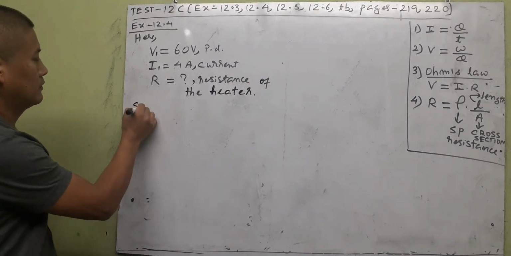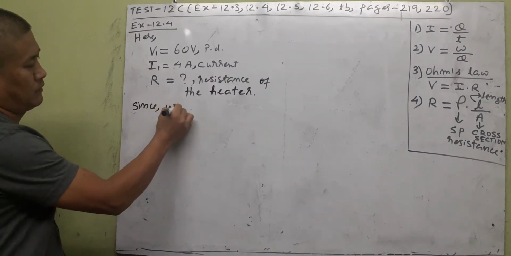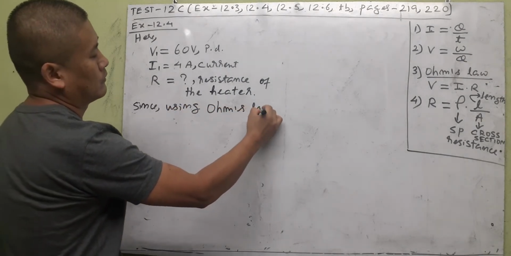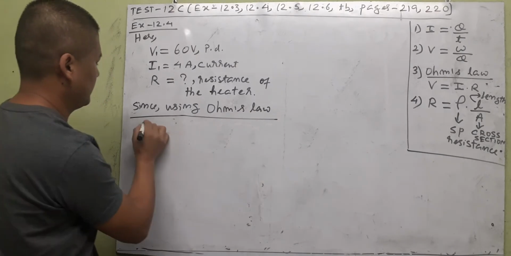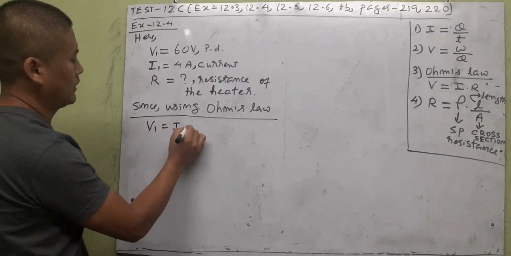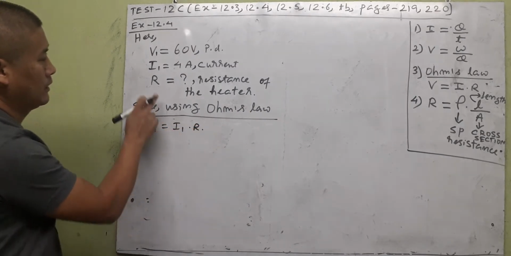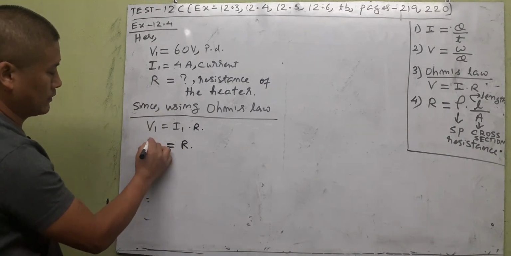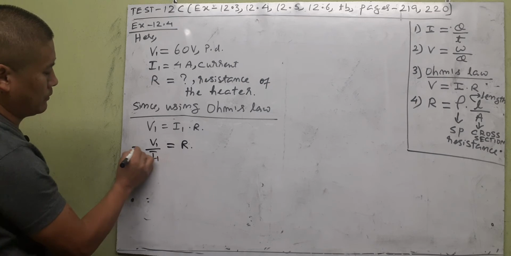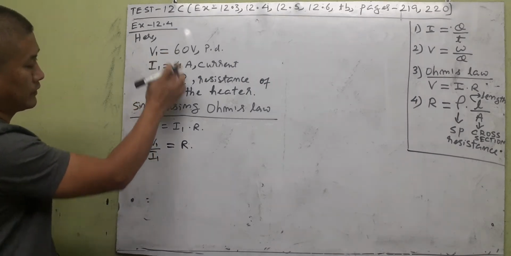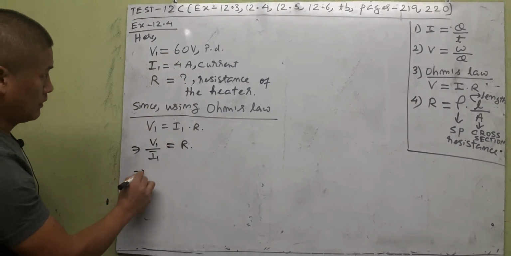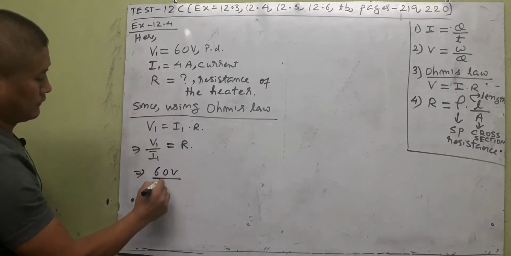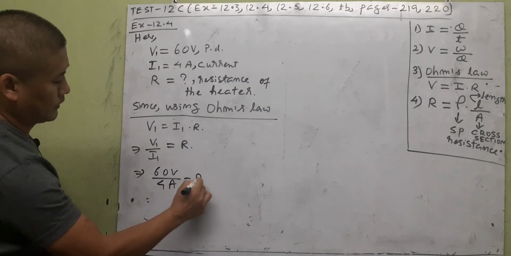Now, using Ohm's law, we can simply use V1 equal to I1 into R. That's the appropriate formula. That way we get R equal to V1 by I, because V1 and I are already given, and we want R. So that is 60 volts V1, I is 4 ampere, as the resistance.